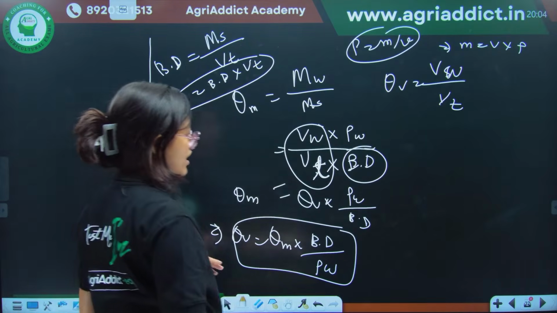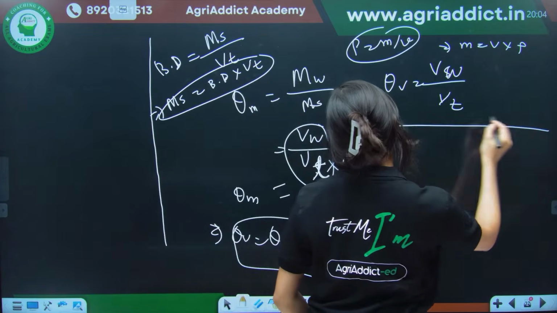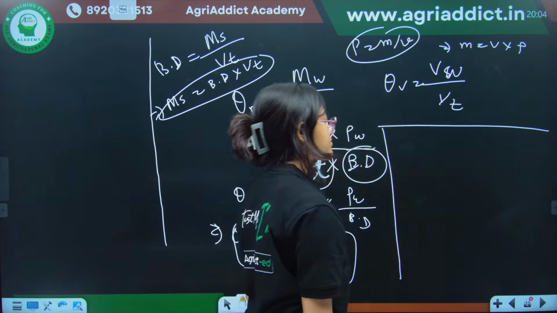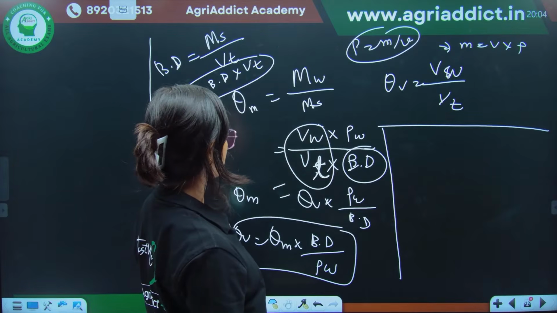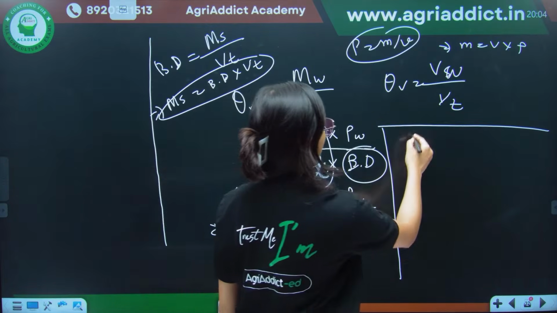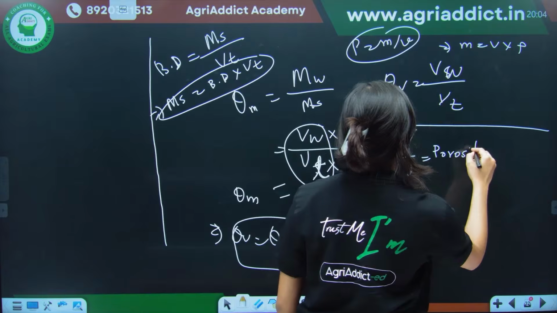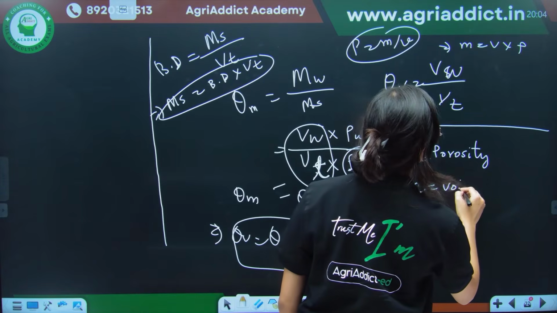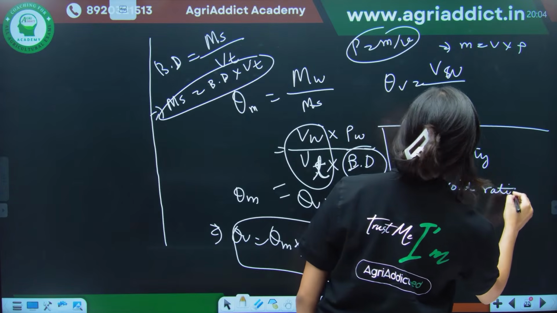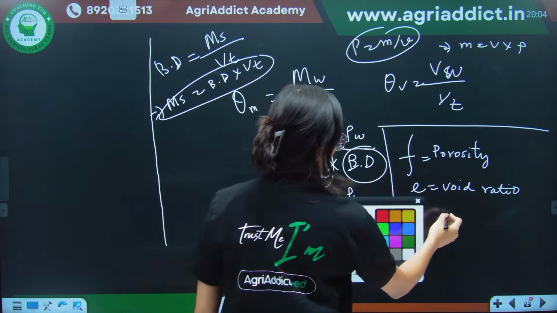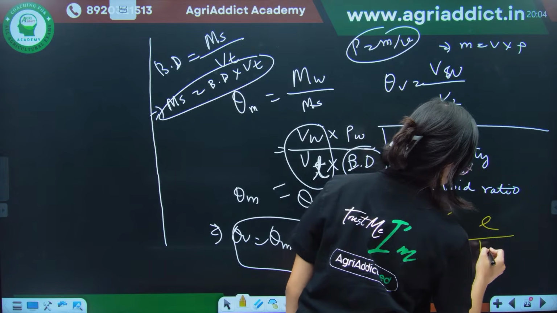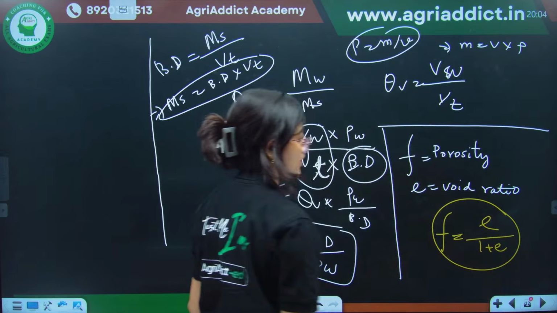Okay. Now, another thing I wanted to mention. If F is your porosity, suppose, and E is the void ratio, then there is a formula: F is equal to E by 1 plus E. This is the formula.